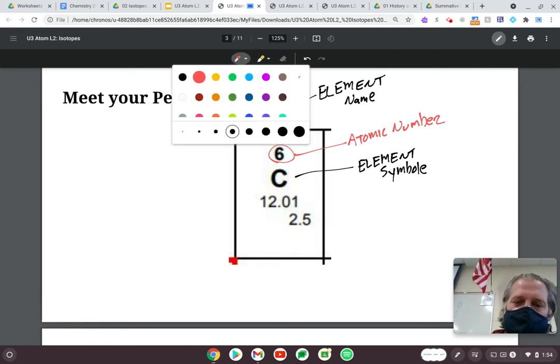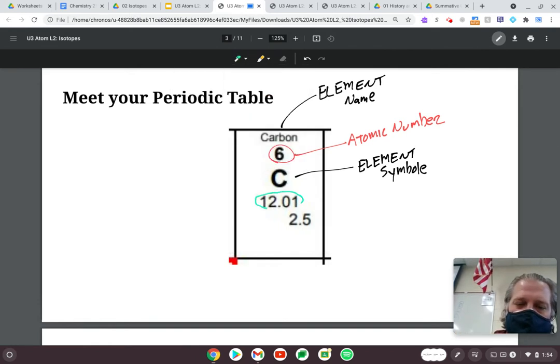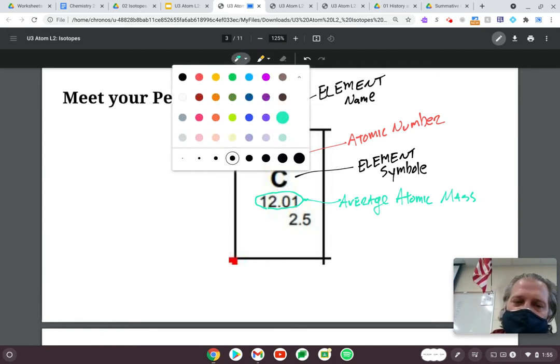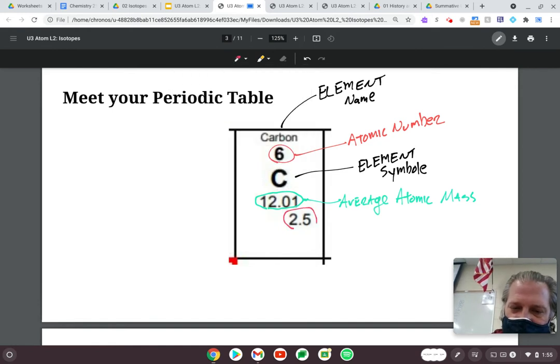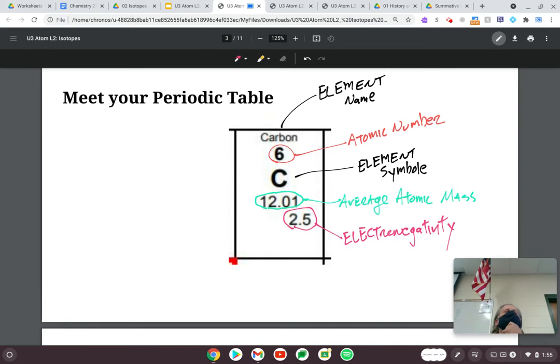And this number down here is known as the average atomic mass. And lastly, we've got this situation here, which is not on every periodic table, but it's on the one that we use a lot, and that's called the electronegativity. That's going to become really important in the next unit or so, but for now, you just should be familiar with it.